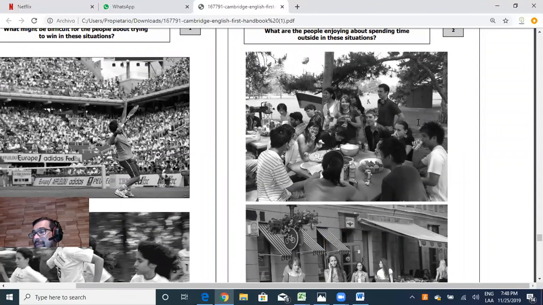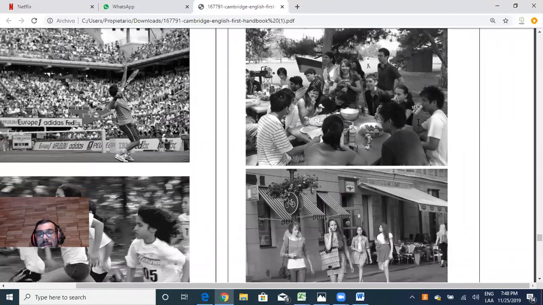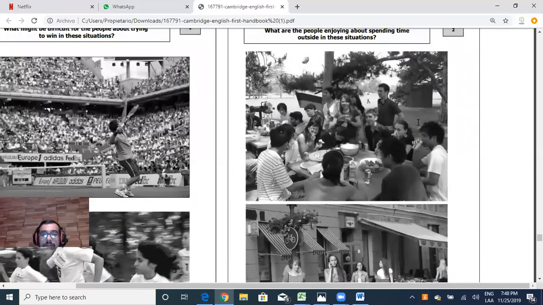In the first photograph, I see a lot of people, and in contrast, in number two, there are fewer people than in number one. In number one, I think they are shopping. The girls are shopping, and in number two, they are maybe at a birthday. In both situations they are outside.